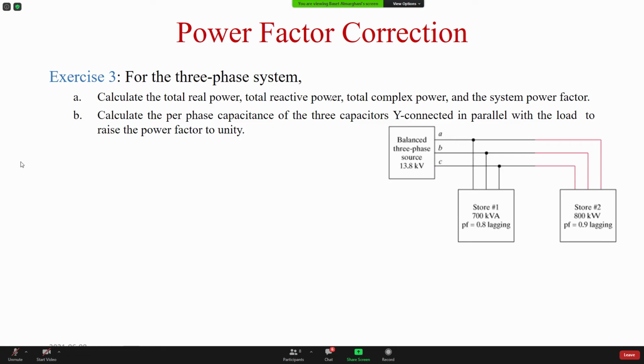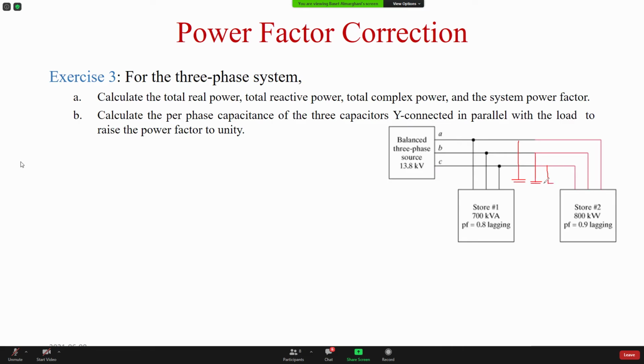We need to calculate these anyway for the part which says find the per phase capacitance. 3 capacitors are connected Y now. What does that mean? We're gonna add 3 capacitors, and the 3 capacitors are connected Y.